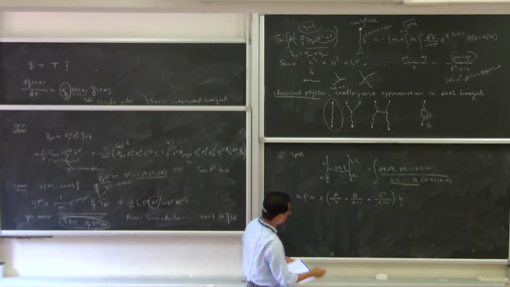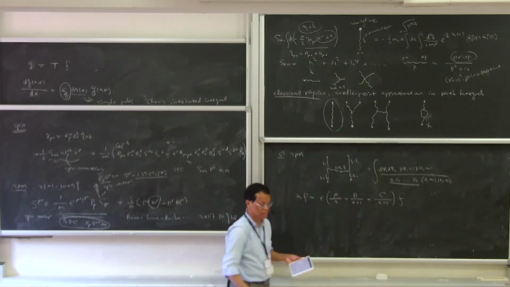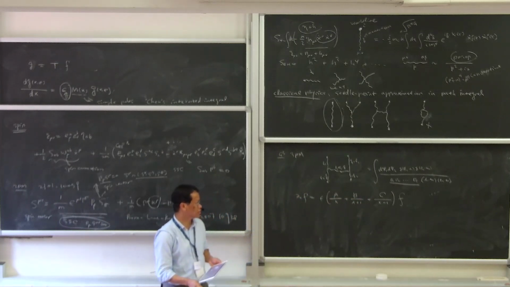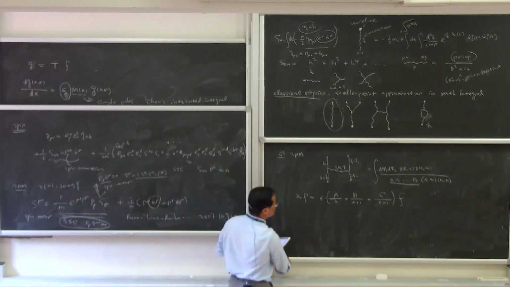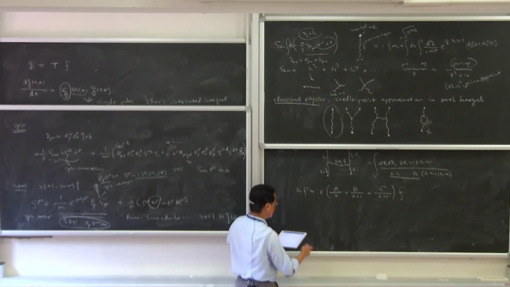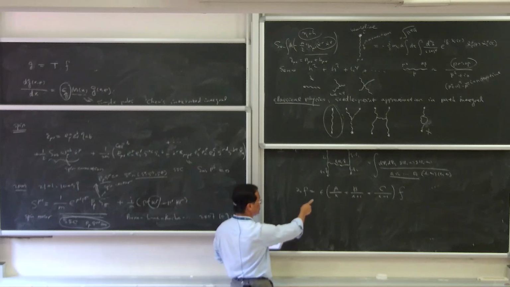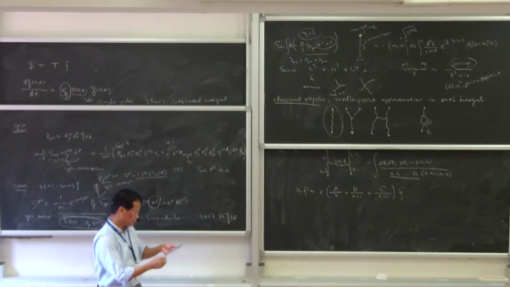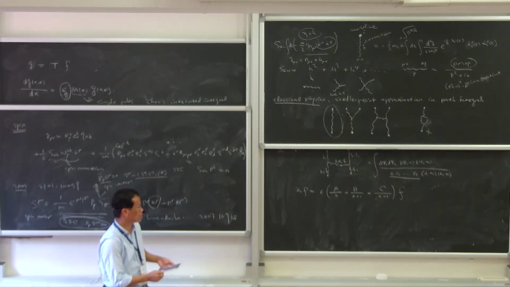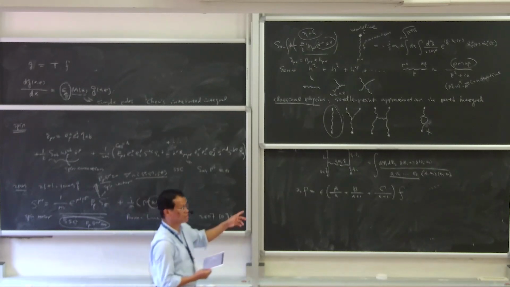Here A, B, and C are just matrices with rational numbers as entries. So finally, if we solve these differential equations, we can get a result for any integral in this family.